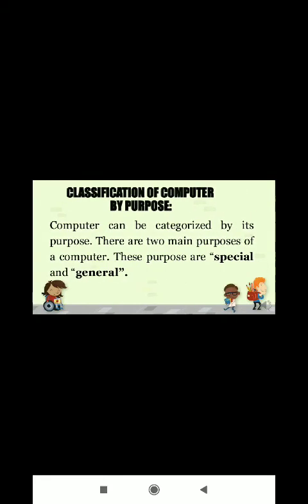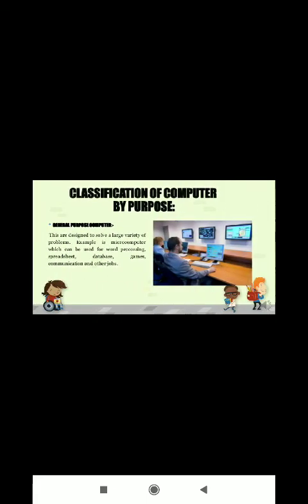Classification by purpose. Computers can be categorized by their purpose. There are two main purposes of a computer, as I told you: special and general. A general purpose computer is designed to solve a large variety of problems.